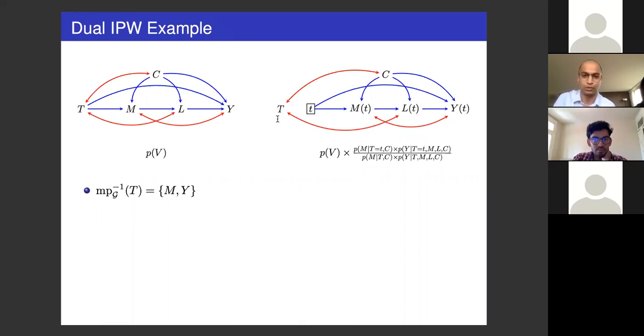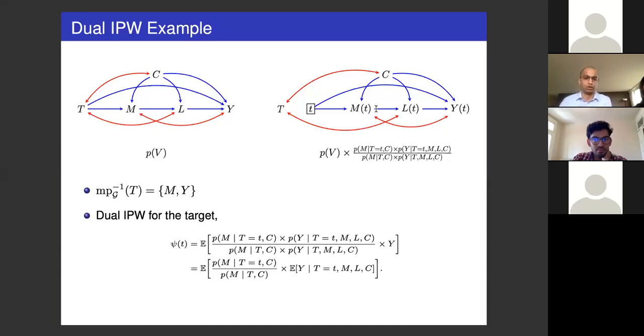This random node inherits all of the incoming edges from the original graph, and the intervened-on node inherits all the outgoing edges, with the result that all of the descendants of this fixed node are now counterfactuals, as if you've intervened on T. So that offers a nice interpretation of why dual IPW looks the way that it does.